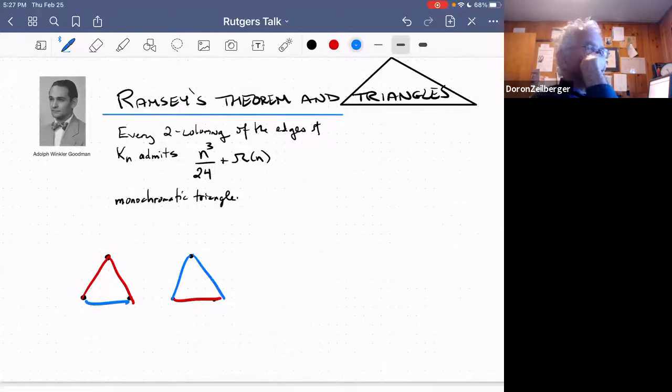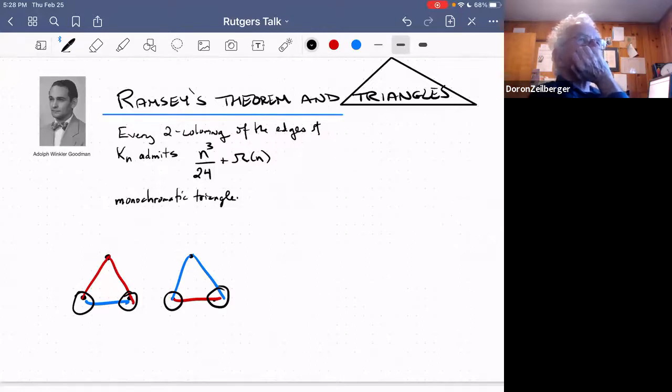And how can I describe this? Every non-monochromatic triangle has two vertices, exactly two, which have different colors emanating from it.